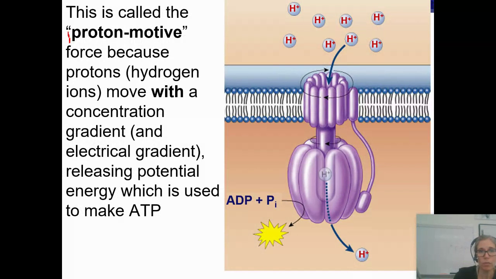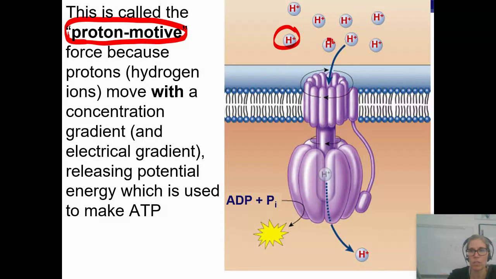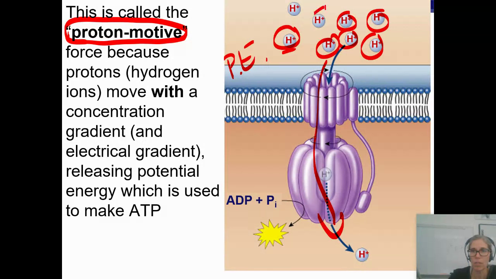So some vocab words here, the proton-motive force. That's the force of these protons coming out this way. So because there's potential energy here, with these protons all being stuck up here, that's really a force, and we call it the proton-motive force. It's protons or hydrogen ions moving with a concentration gradient.